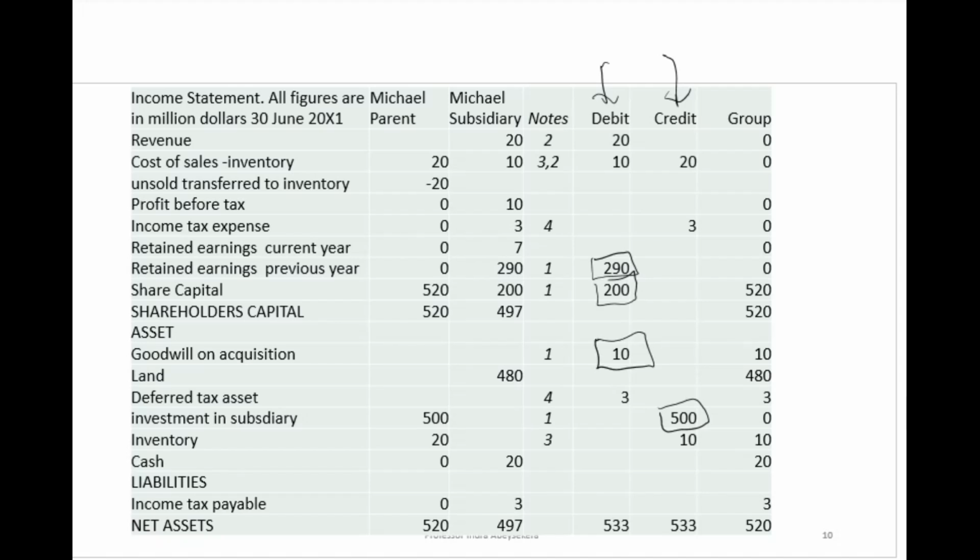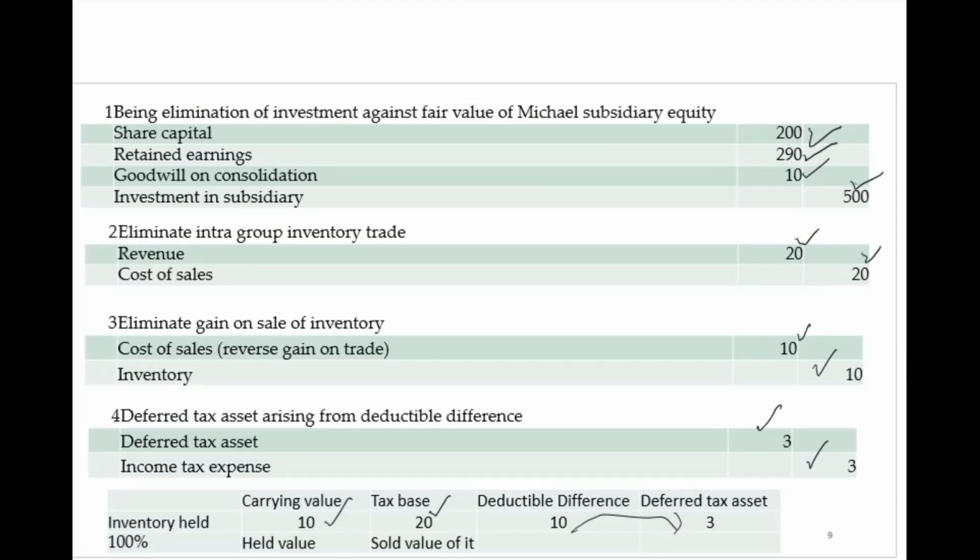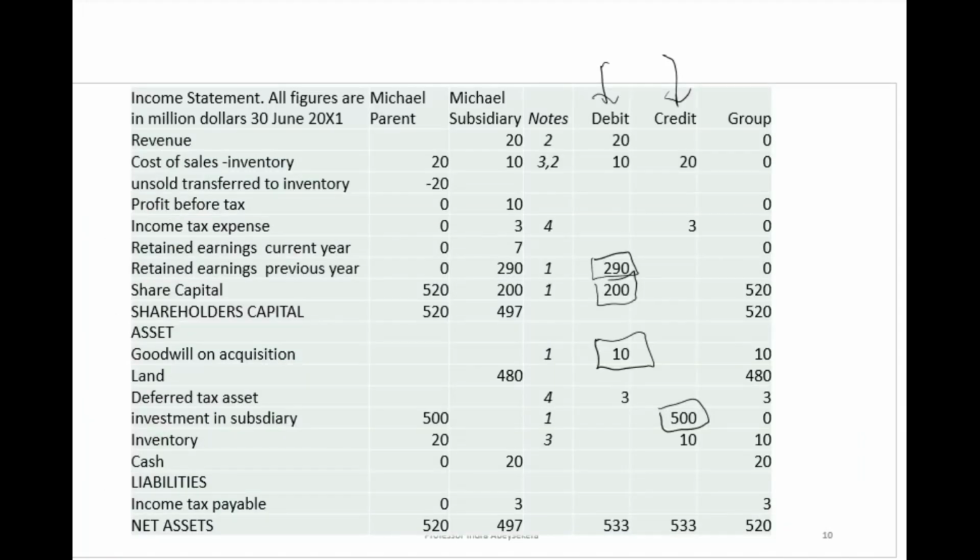Our second entry is to eliminate the trading transaction revenue and cost of sales. So we debit revenue 20 million and we credit cost of sales 20 million.